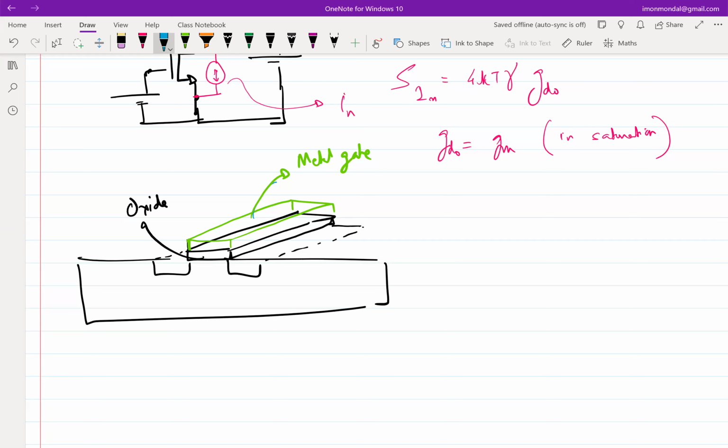As it turns out, you never land anything on the top of the gate, you land it on the side of the gate. Otherwise, you stand to disturb the channel underneath the gate. So typically, the drill is somewhere here. You drill it here and you make a contact here. Now the signal is coming all the way from here.